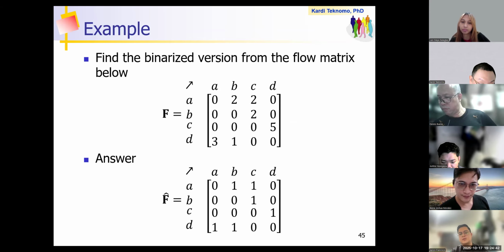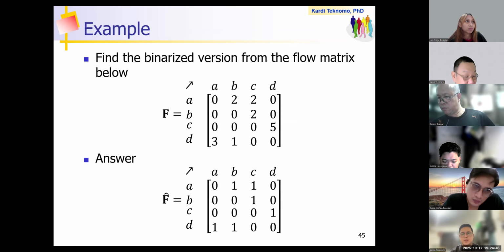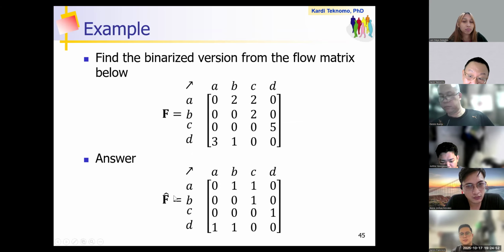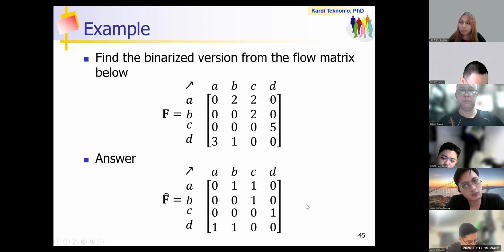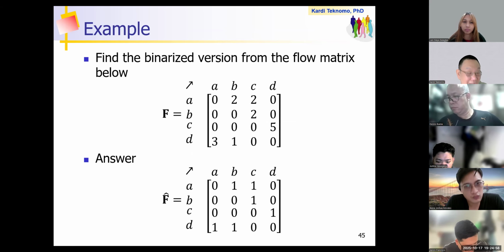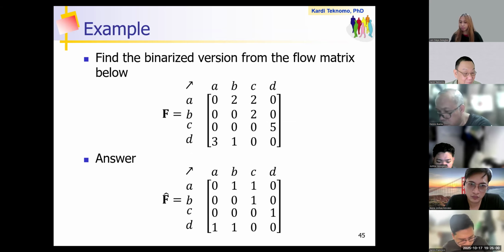Do you understand the meaning of the heart operator? To binarize. What's the meaning of binarize here? Look at this. From the flow matrix, if I put the heart, it will become the adjacency matrix. So I reduce the information. By putting the heart operator, I reduce the information.